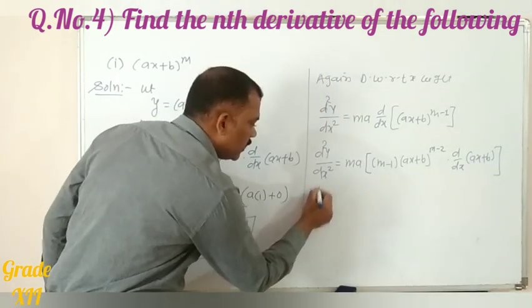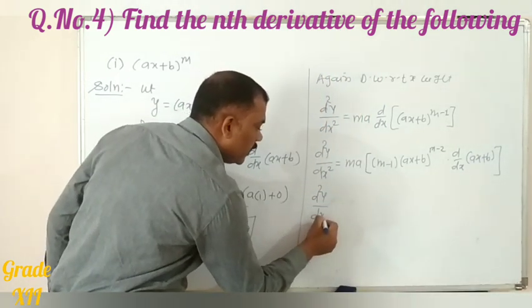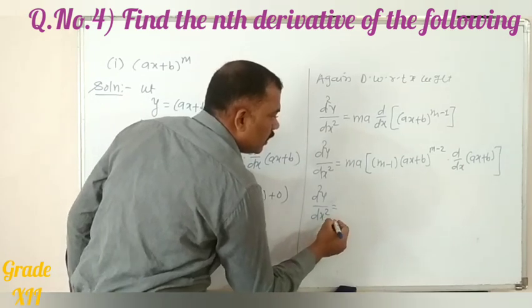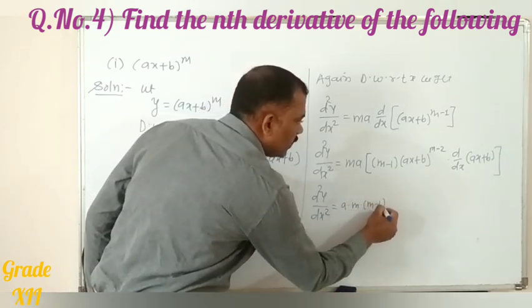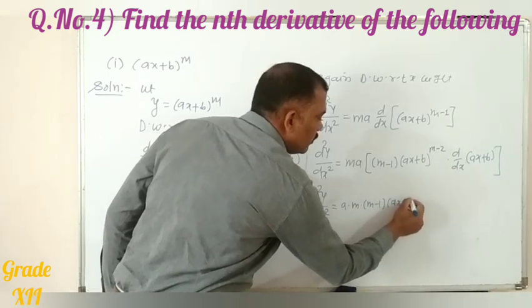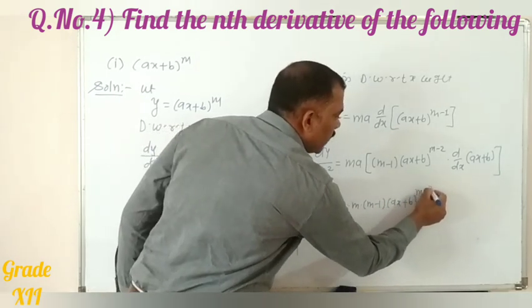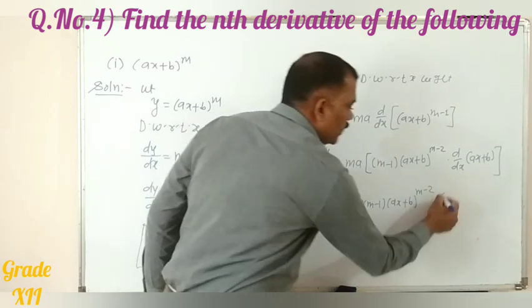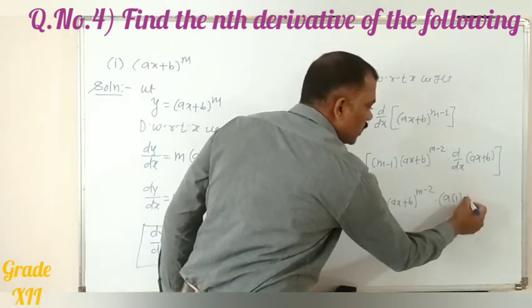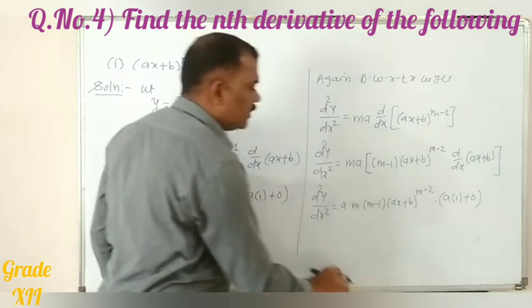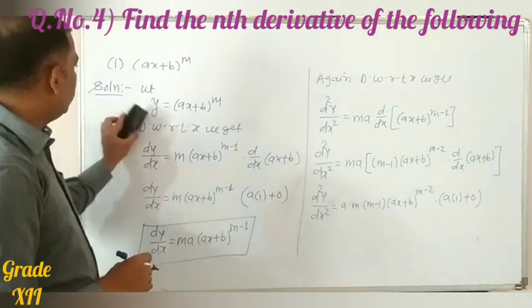So that what we have to get, d2y by dx square is equal to a into m minus 1 into ax plus b raised to m minus 2 into a is a constant, so that as it is, differentiation of x with respect to x is 1, b is a constant, so that its derivative is 0.